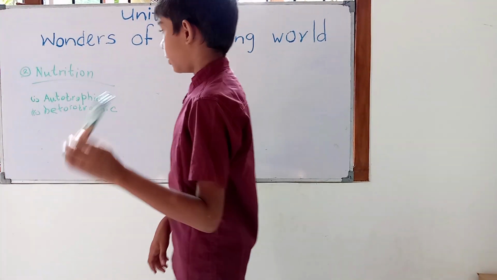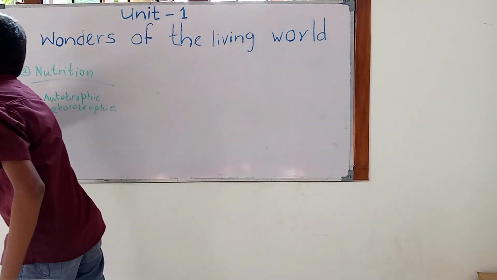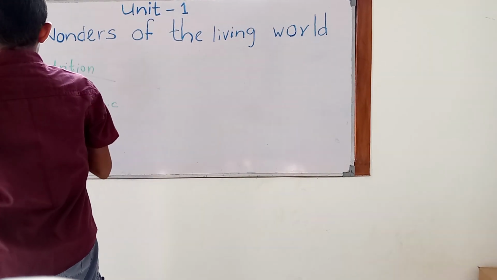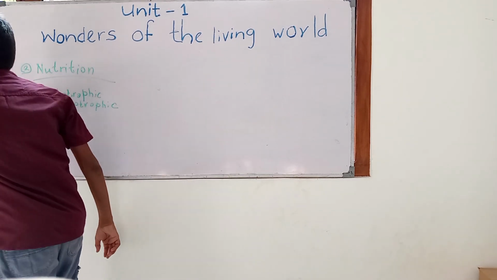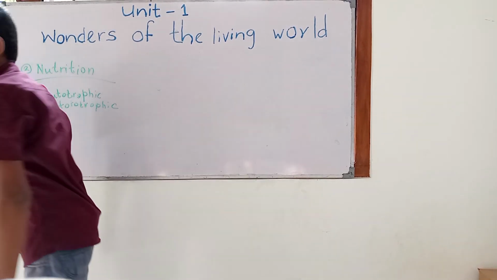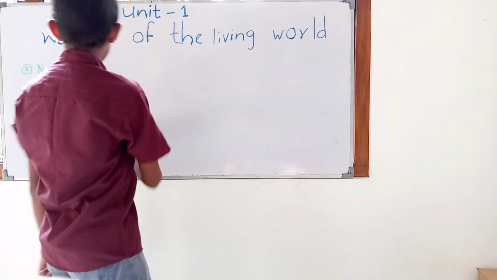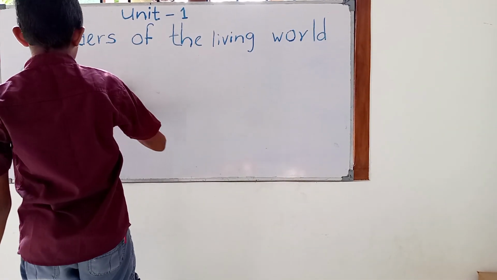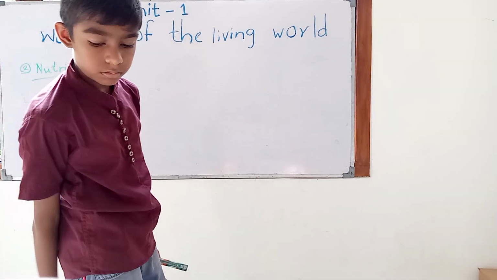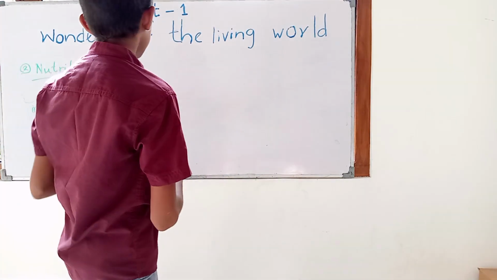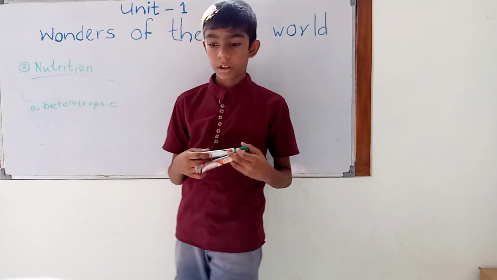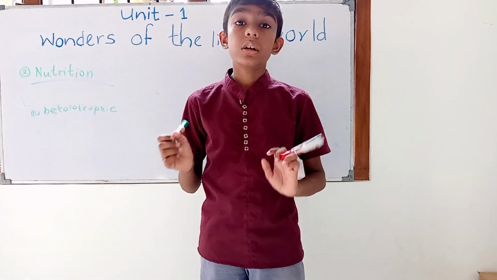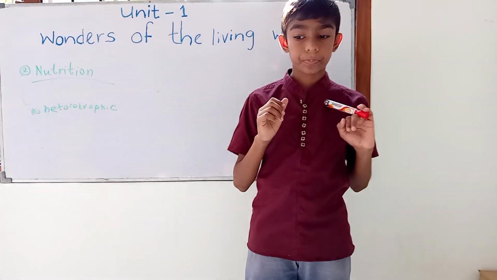Now, we will be discussing autotrophic. Now, what is autotrophic? Autotrophic are the organisms which produce food for themselves.